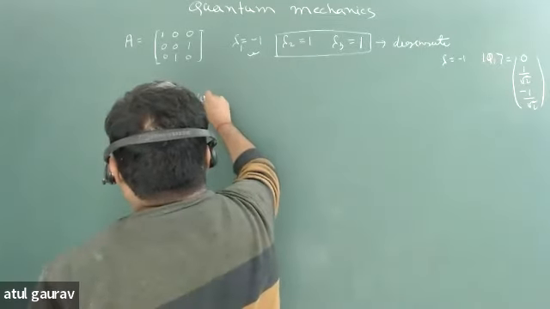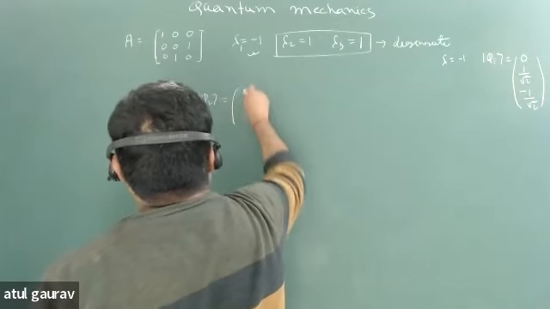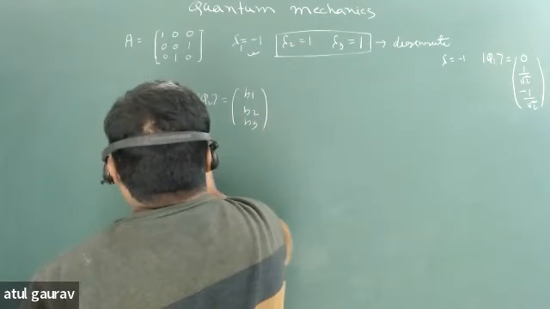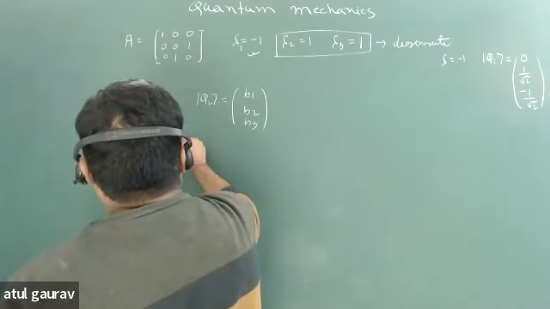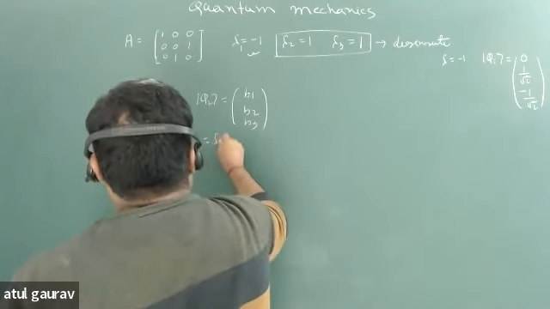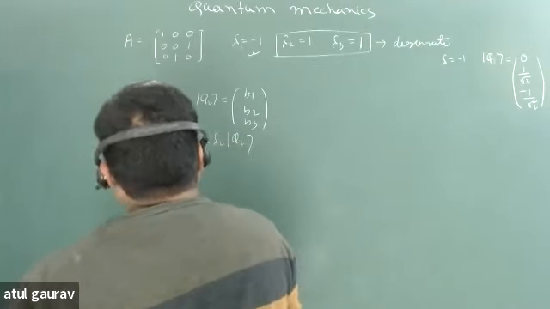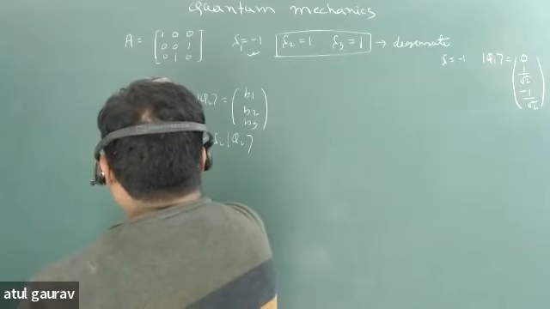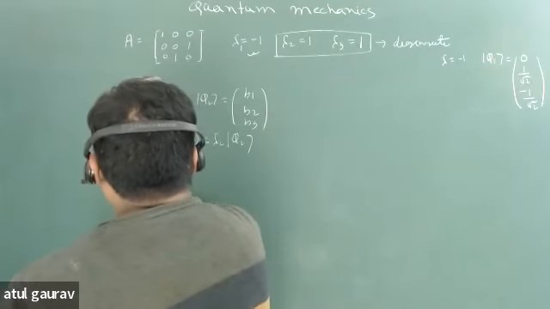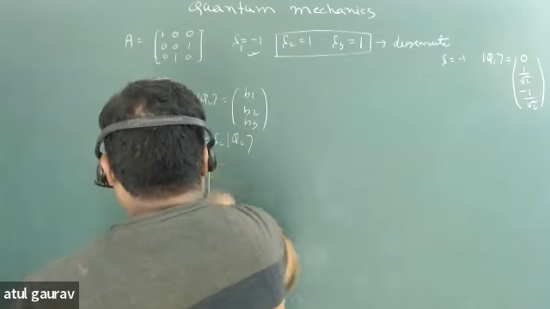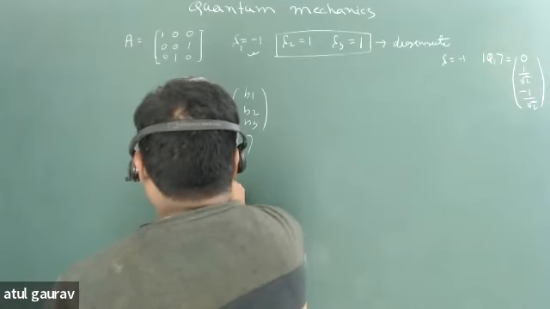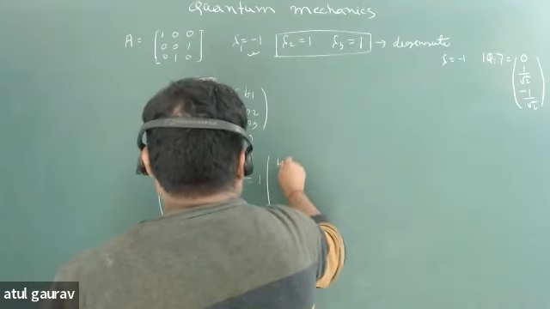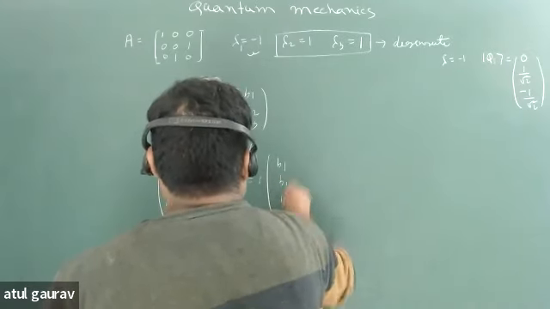Don't worry. Phi 2 is equal to, let's say, B1, B2, B3, and we can put A phi 2 equal to lambda 2 phi 2. A is 1 0 0, 0 0 1, 0 1 0, acting on B1, B2, B3, and that equals 1 times B1, B2, B3.